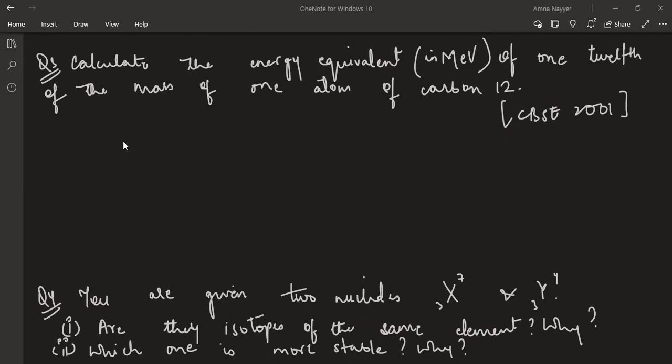Atif and Krishna, you both are getting 940 or 930 mega electron volt. Just check again your calculations. You have to calculate equivalent energy of 1/12 of mass of one atom of carbon 12. Mass of one atom of carbon 12.